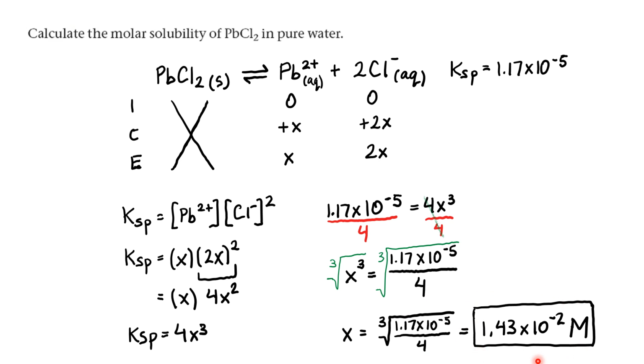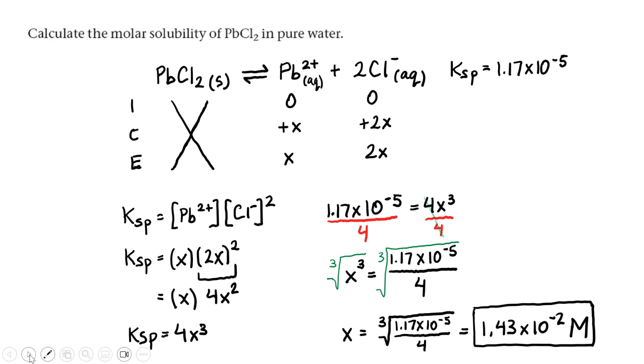There's your molar solubility for this dissociation of lead chloride, right? So you can imagine that your lead concentration is going to be just x, right? And then your Cl minus concentration is going to be 2 times this number. So we're describing the molar solubility of each of these ions when they dissolve in water.